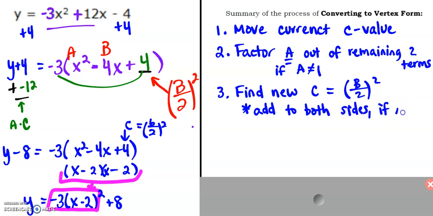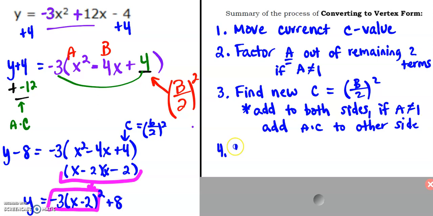And if a doesn't equal 1, you should add a times c to, in this case, it's my left-hand side, but it's to the other side. It won't always be that you're completing the square on the right-hand side. Whatever side you're working on, you add a times c to the other side.